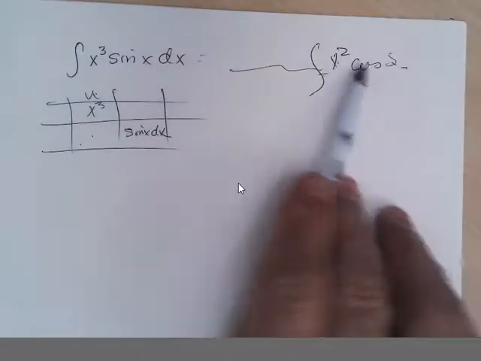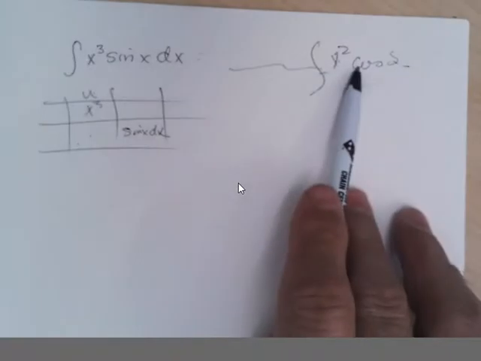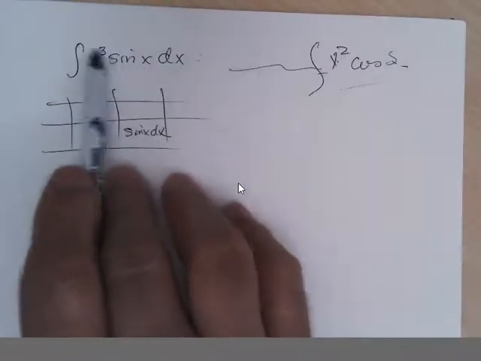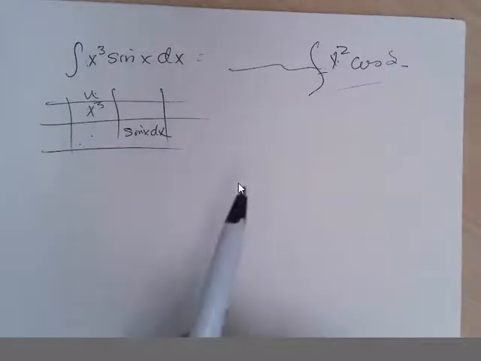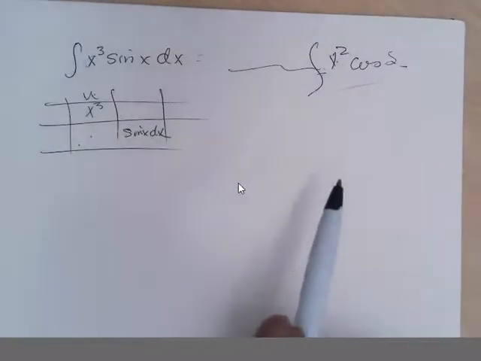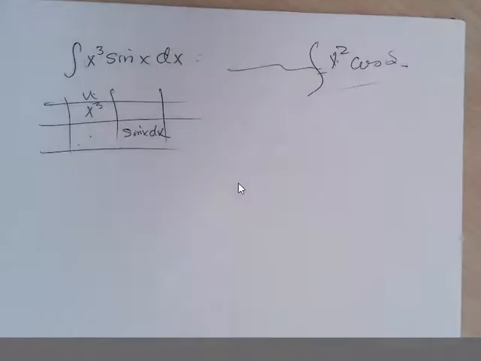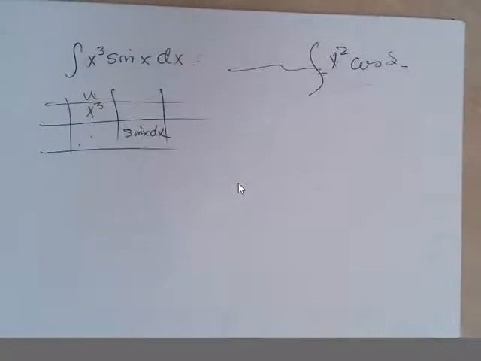It's common to have to do repeated integration by parts to get something like that to eventually drop in power until it's gone. It's not very often to get the cyclical thing going on here. Okay? That's my second shot at integration by parts.